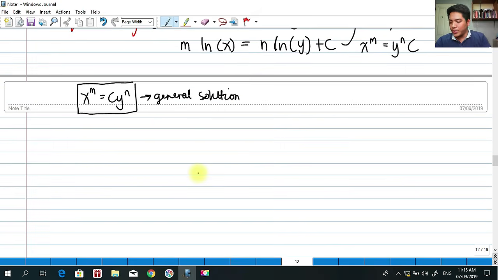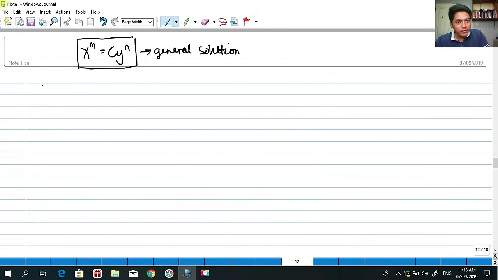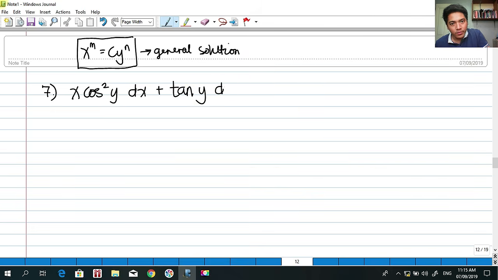For number 7, let's look at this. Number 7: x times cosine squared y dx plus tangent of y dy is equal to 0. Still we need to group them in terms of x for dx and y for dy.